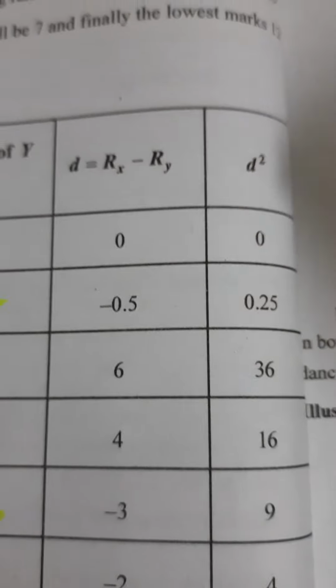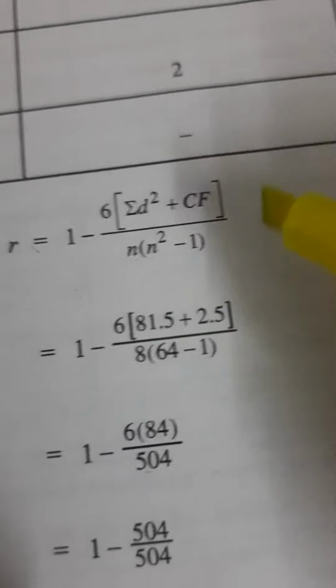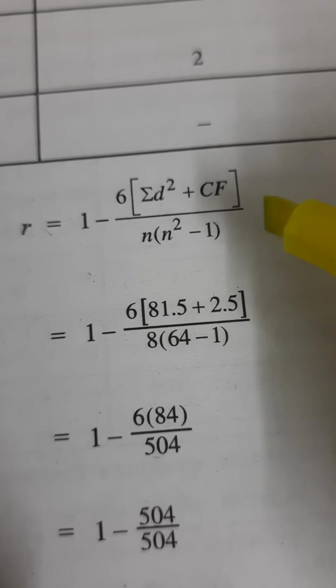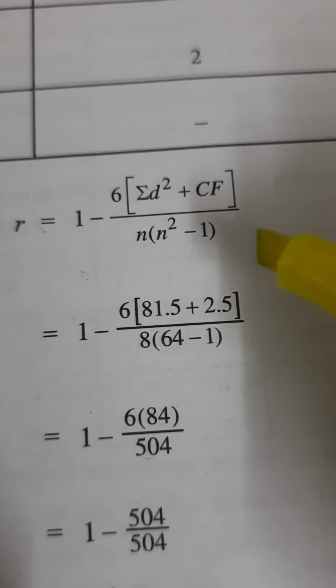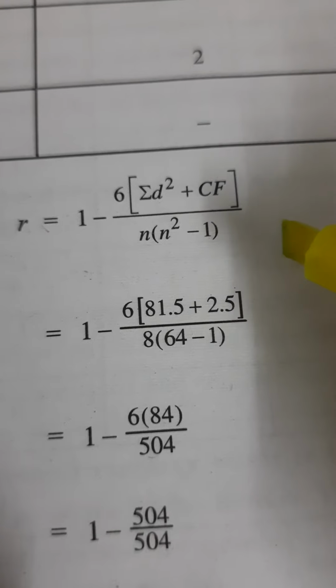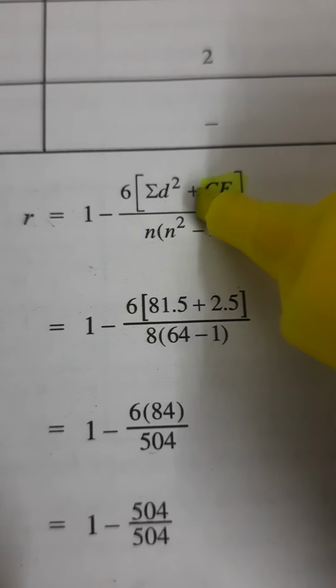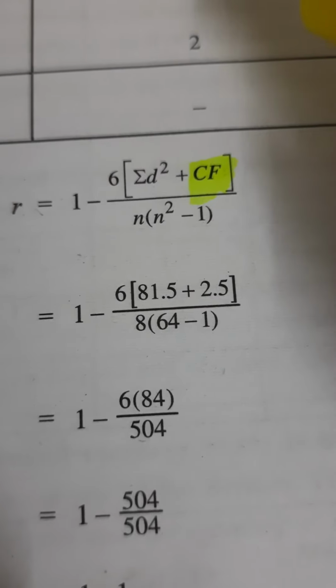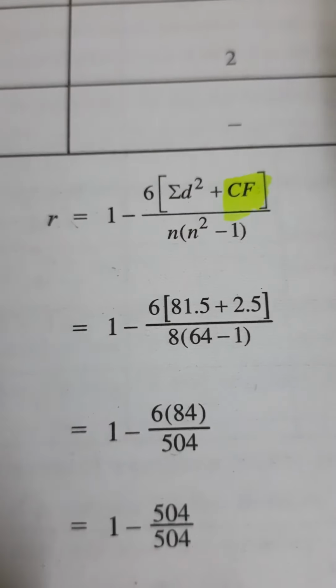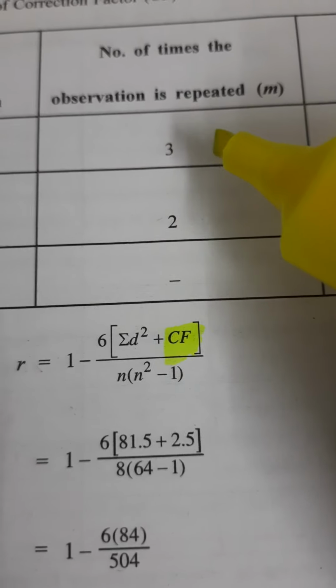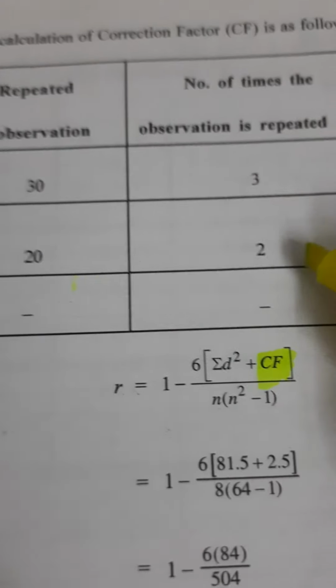Then d squared, etc. Now we have to apply the equation: 1 minus 6 into sigma d squared plus CF upon n into n squared minus 1. Here we have to find out CF. For CF, what we do: repeated value is 30, and how many times repeated? 3 times, and the second value is 20, 2 times.